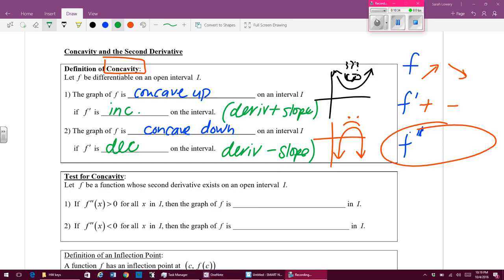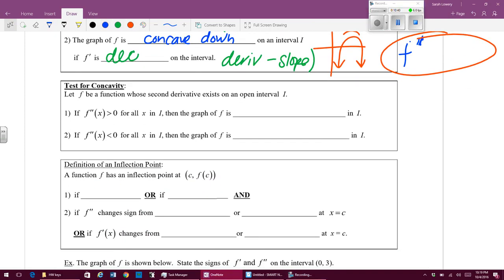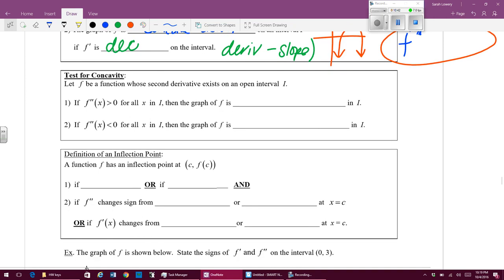Now, probably the easier relationship to discuss is the test for concavity. The test for concavity. We know that if the second derivative is positive, we say that the function is concave up.